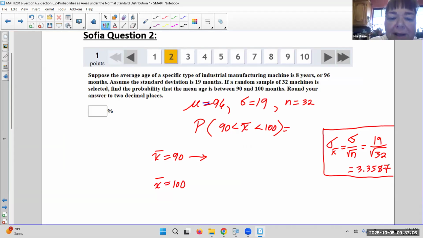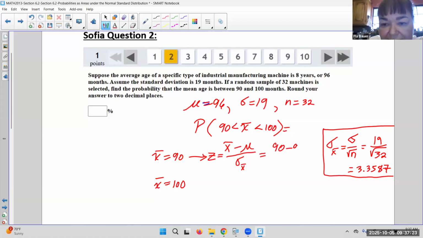Okay, so now going back to find the z-scores, it should be, remember, the x bar minus mu divided by that standard error of the mean. So my x bar is 90, my mu is 96, divided by this 3.3587.